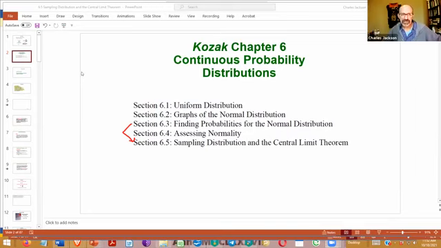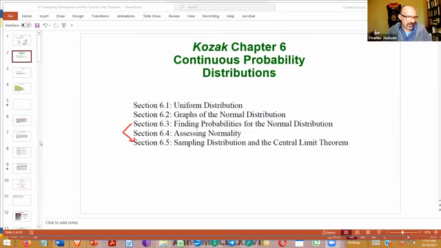Well, what justifies the assumption of normality? How do we know we have a normal distribution? How do we know we have a bell-shaped distribution? Well, there are some tests that can be used for that, and those are in 6.4, but we actually are not doing that in this class.